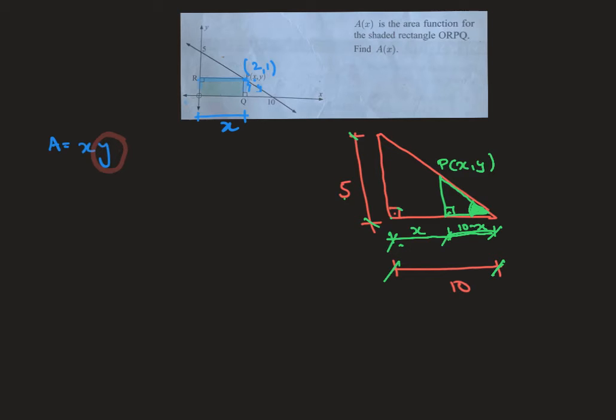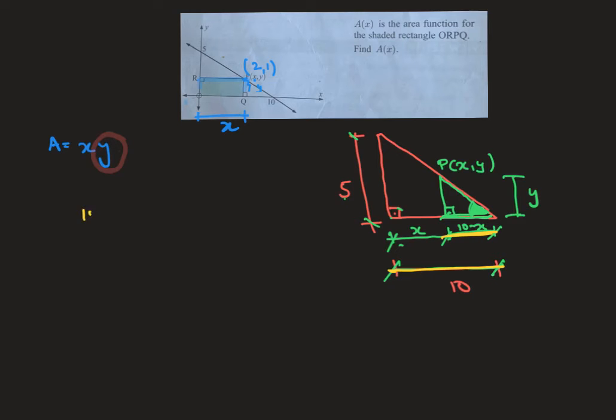Yeah, okay, this height here is y. Beautiful. It's just this y looks a bit weird. So corresponding sides: this 10, this length, divided by this length. So let's use this 10 divided by 10 take away x.